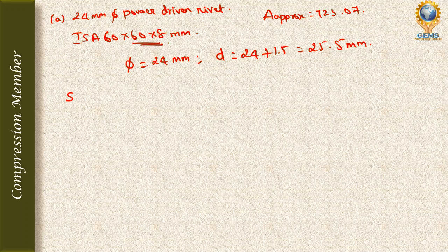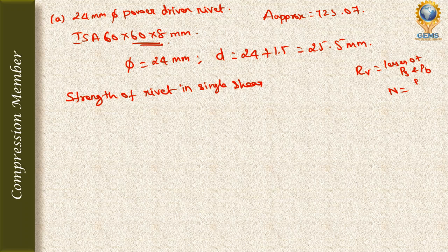Strength of rivet in single shear. Why we are finding this: we have to find the rivet value. Rivet value is lesser of strength of rivet in single shear and strength of rivet in bearing. From RV we can find the number of rivets.